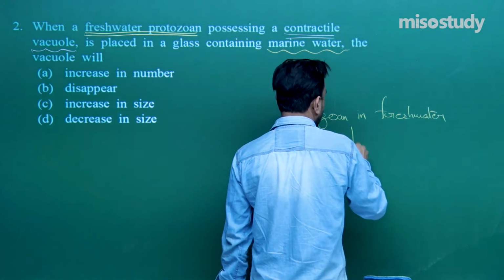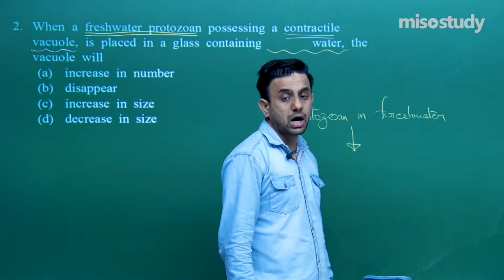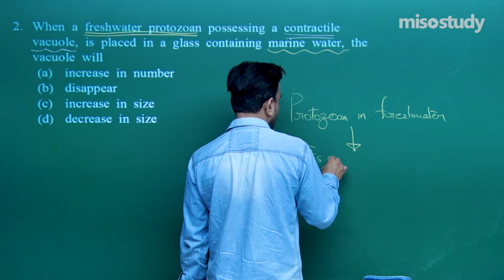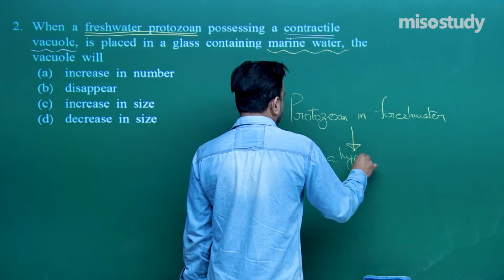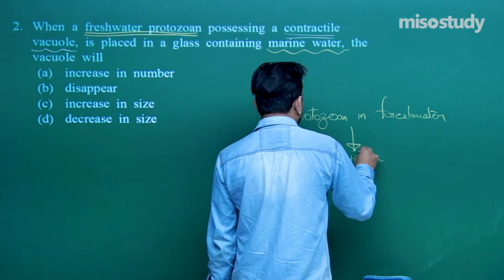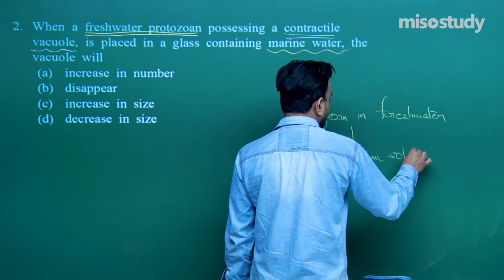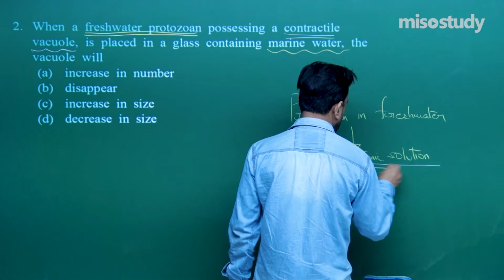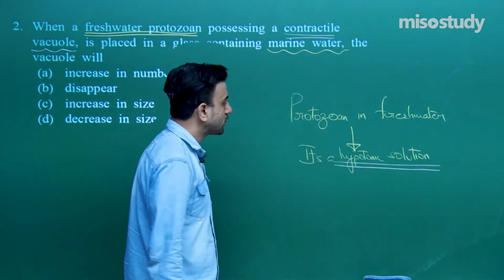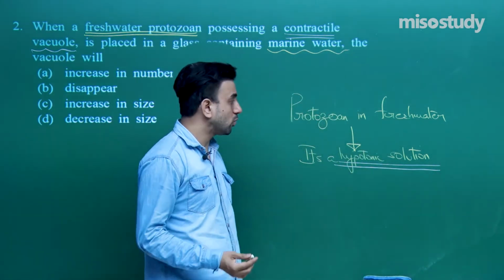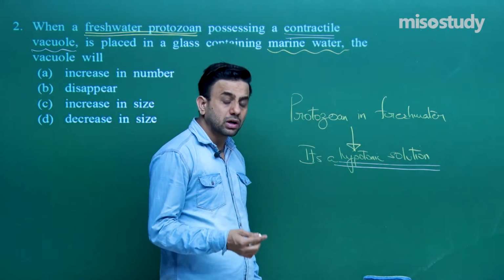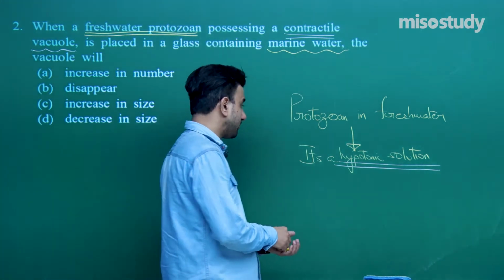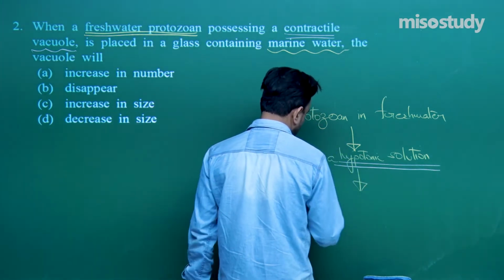Now fresh water is always a hypotonic solution, and hence the water will be entering the protozoan, that is, there will be endosmosis.